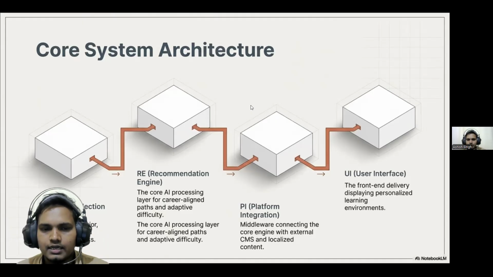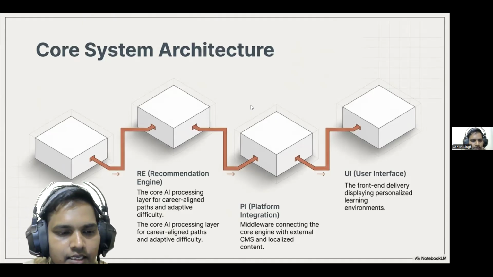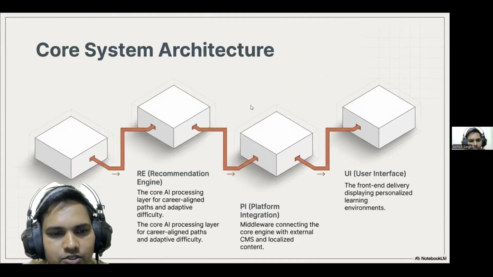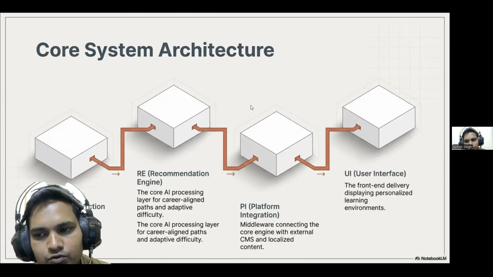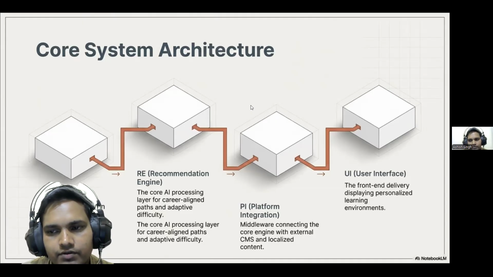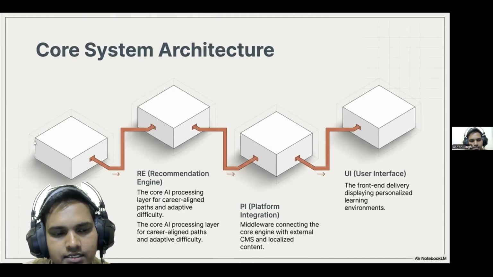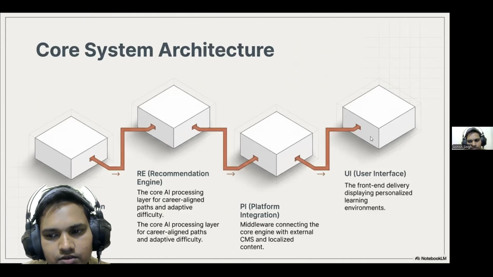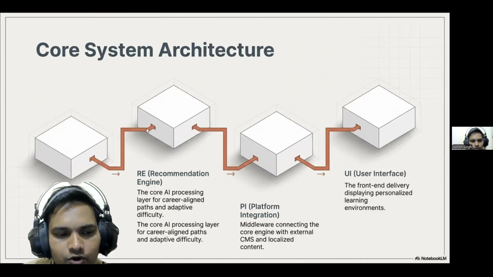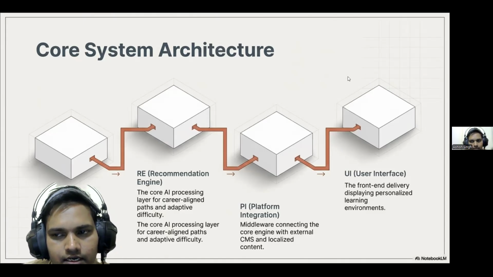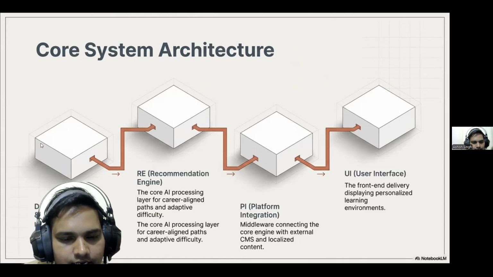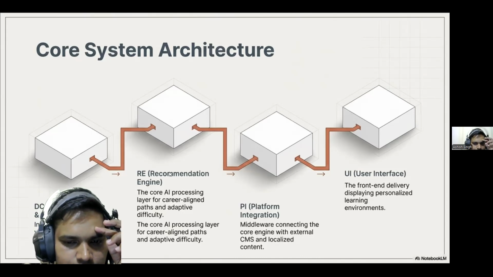This is a flowchart for understanding. First the user interacts with the software, and the interaction is connected backwards to data collection and analysis, and then the recommendation engine does its work.